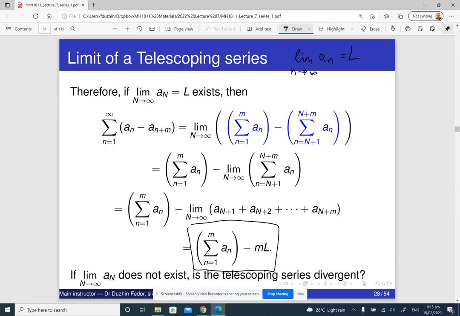And if the limit exists, then our telescoping series converges.